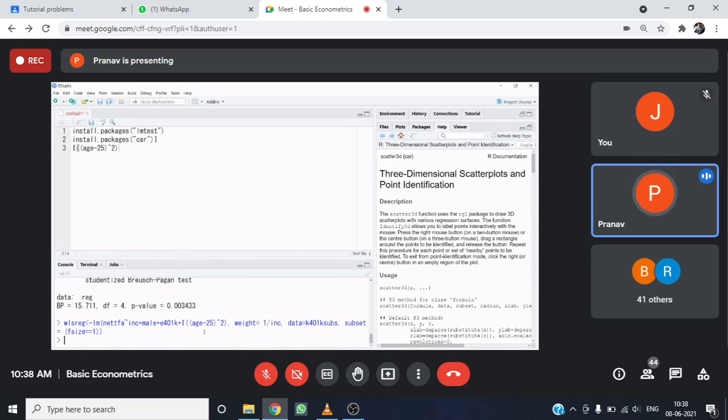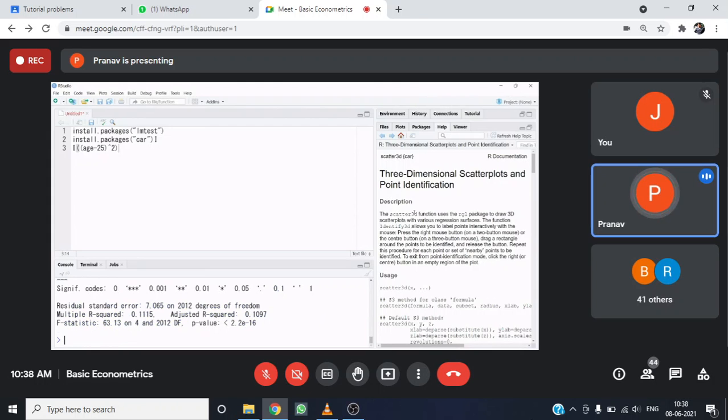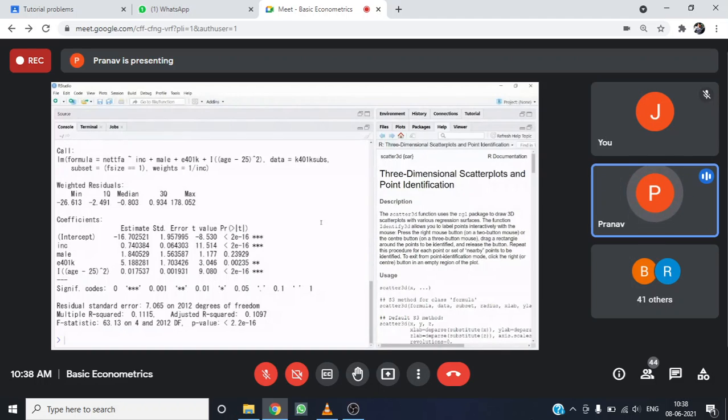Yeah. So now if you simply run the WLS REG, you will get, or let me say summary, the final value that we get.